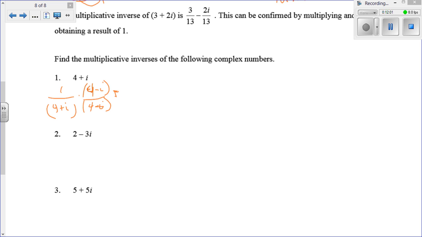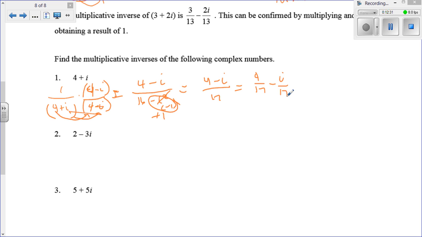So on the top, I get 4 minus i over, on the bottom, 4 times 4 is 16, and then i times negative i is minus i squared. But i squared is negative 1, and then that makes plus 1. So it becomes 4 minus i over 17, and we just break it into our two fractions. So 4 over 17 minus i over 17.